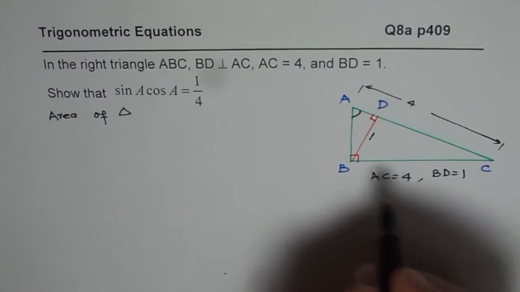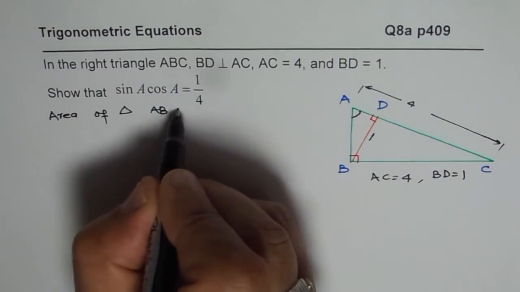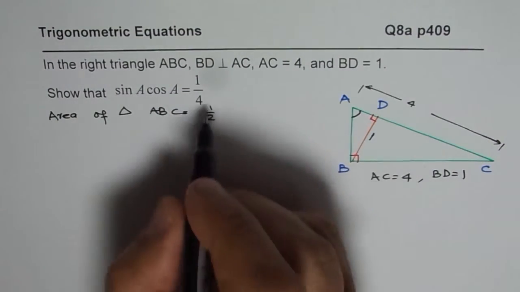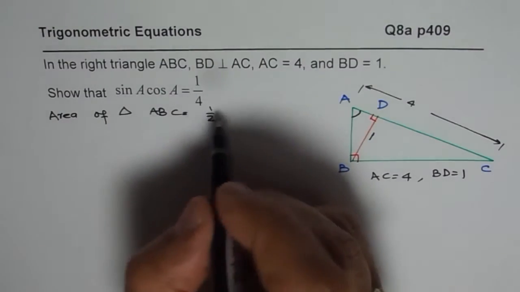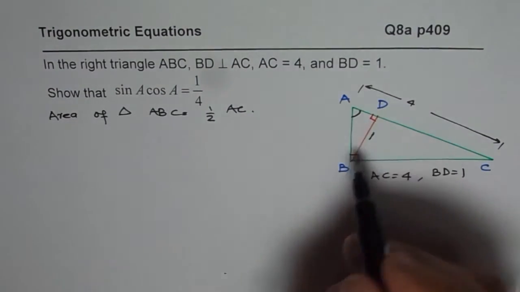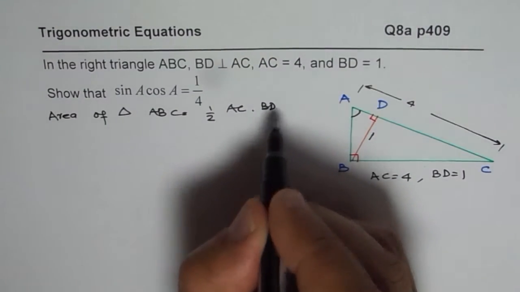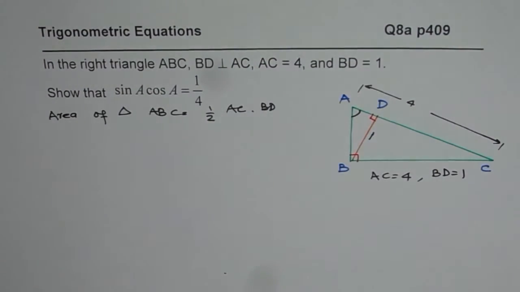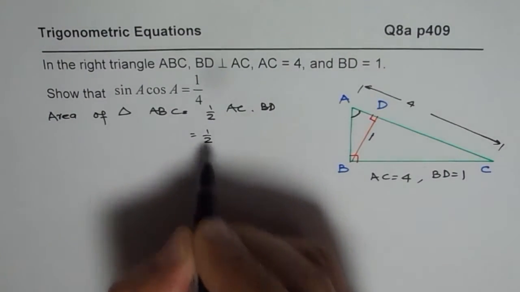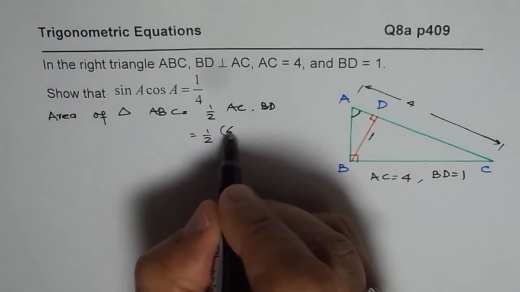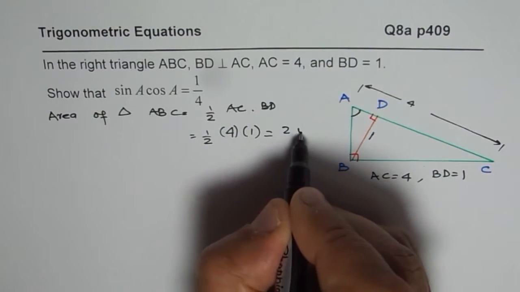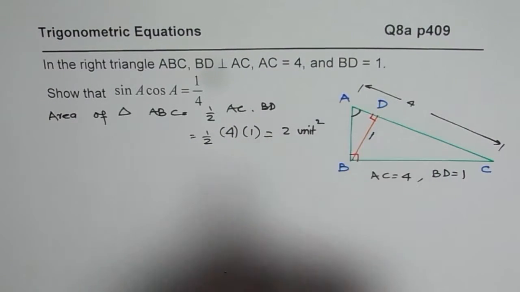So area of triangle ABC equals half of base AC times altitude BD. We are given both these dimensions, so it is half of 4 times 1. So it becomes 2 unit squares.